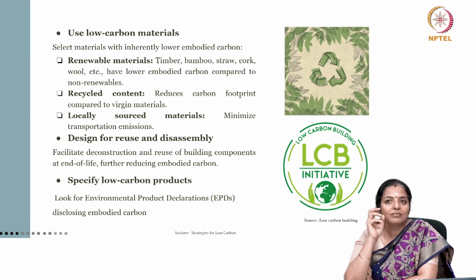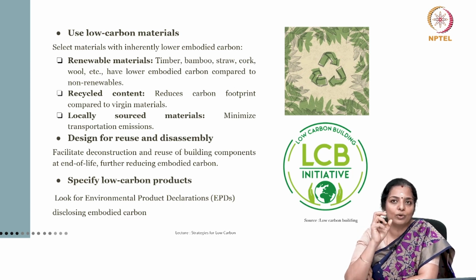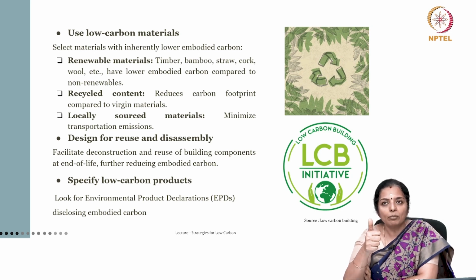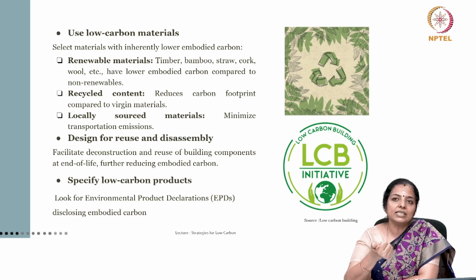What are the thumb rules of doing this? First is you use renewable materials. If you want to have low embodied carbon, use renewable materials such as timber or straw, bamboo, cork, wool, etc. Now, these have lower embodied carbon compared to non-renewable materials.